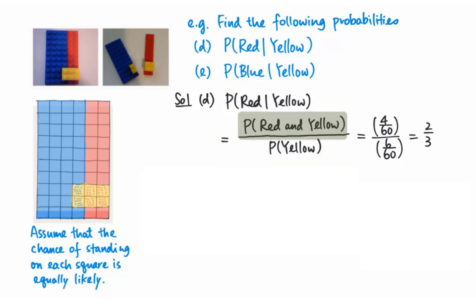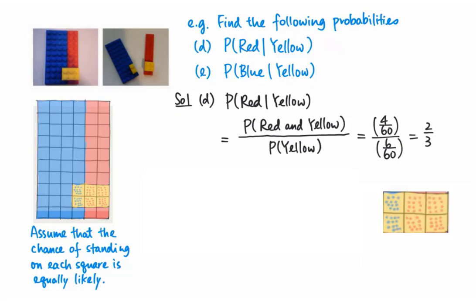For this probability, it is equal to 4/60 because among all the 60 squares, 4 of them have both yellow and red color on it. And for this probability, the answer is 6/60 because among all the 60 squares, 6 of them contain yellow color on it. Therefore, this gives 2/3.